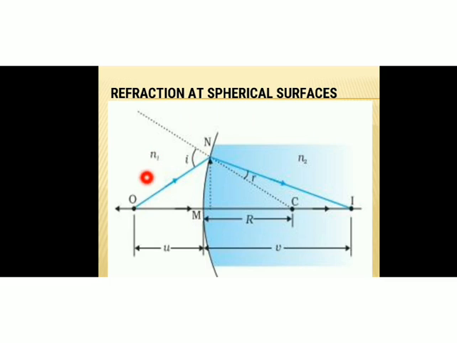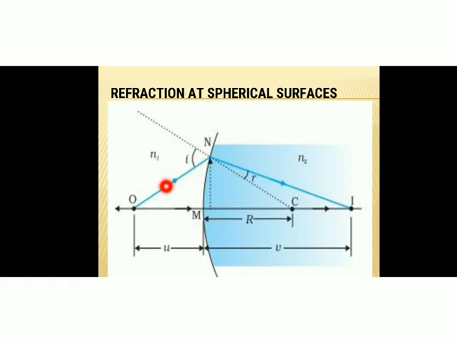N1 is the refractive index of this medium and N2 is the refractive index of the second medium. A light ray from the object O enters from the medium of refractive index N1 to the second medium of refractive index N2. Also N1 is the rarer medium and N2 is the denser medium.